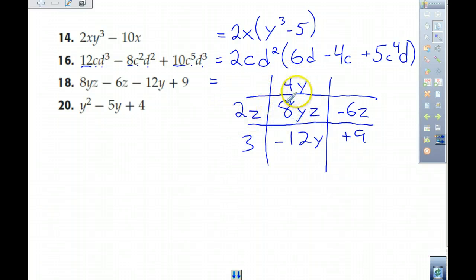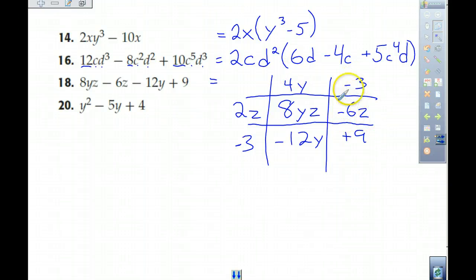Does that work? 4Y times 2Z, does that equal this? Yes. Does 4Y times 3 equal this? Yes. No, negative. No. So let's fix this, put a negative on the 3. Likewise, we could just say, GCF of this column, or we could say 2Z times what is negative 6Z.